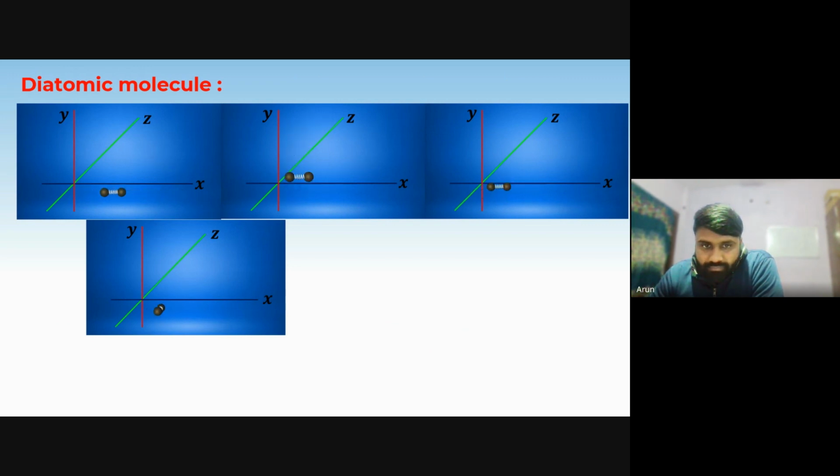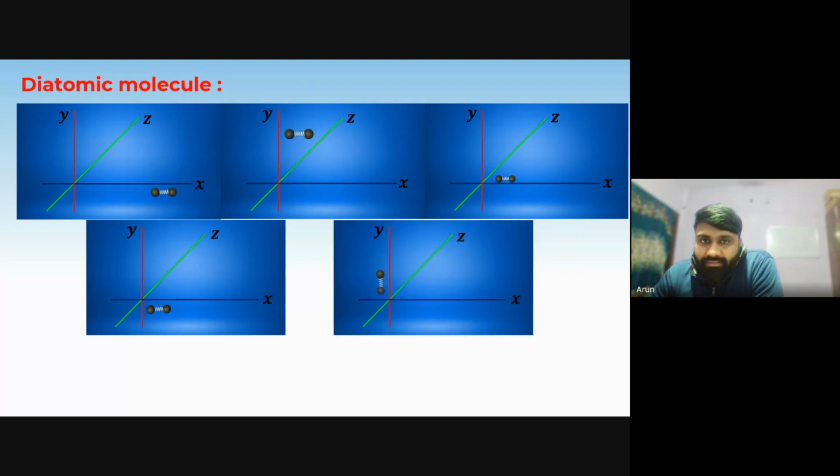This is also one type of motion it is possessing, so this will also count as a degree of freedom. And this way it can also rotate. Only these two rotations are possible. Got it? So these two rotations give 2 extra degrees of freedom, 3 from this, 2 from that. So the total degrees of freedom will become 5.